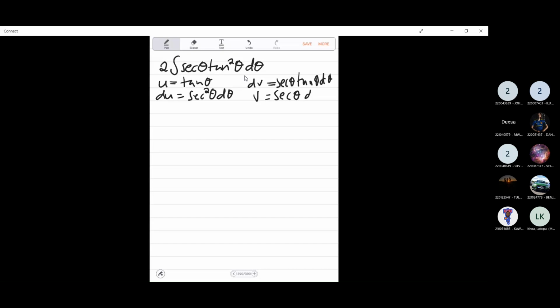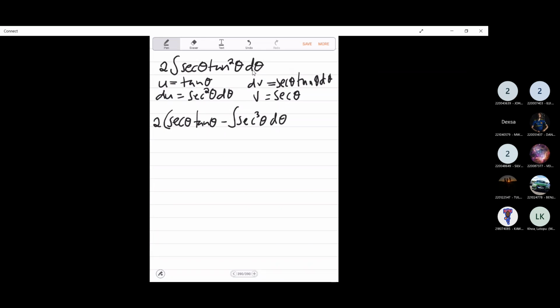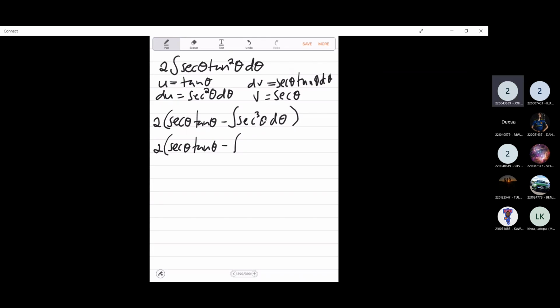So remember, this is what we are integrating. So we will have 2 times uv, so 2 sec theta tan theta, minus the integral of v du, which is sec cubed theta d theta.